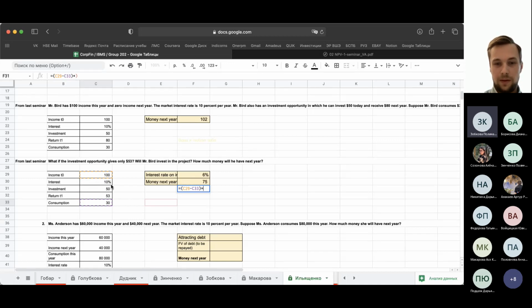And actually he will have $77 at the end of the year. So here you can see that if he invests in the investment opportunity, which gives only 6%, he will have only $75. But if he invests all the money that remains after consumption on the market with the interest of 10%, he will have more, $77.